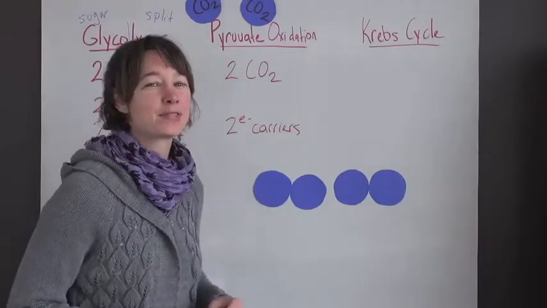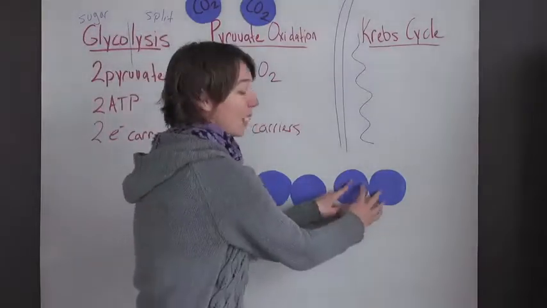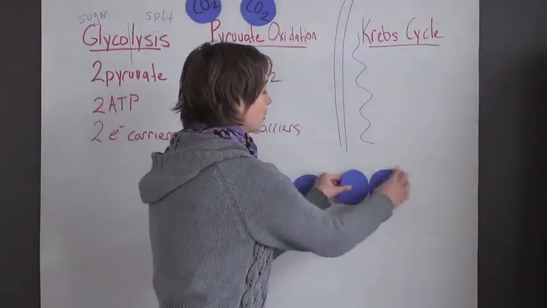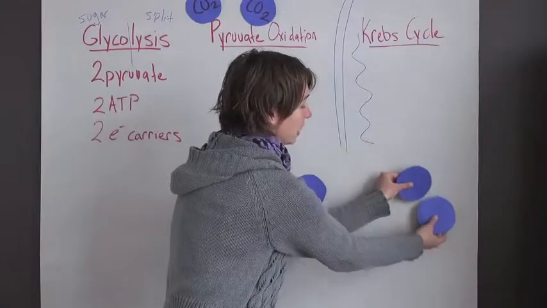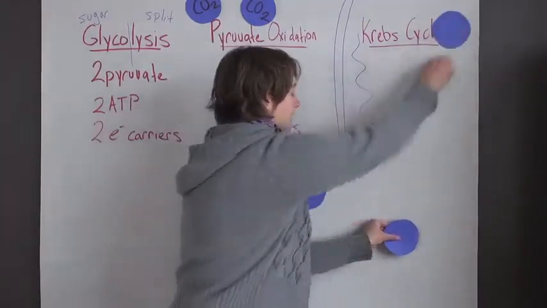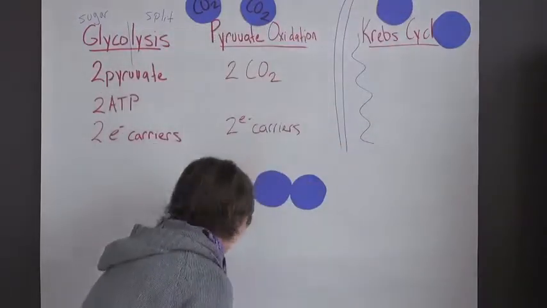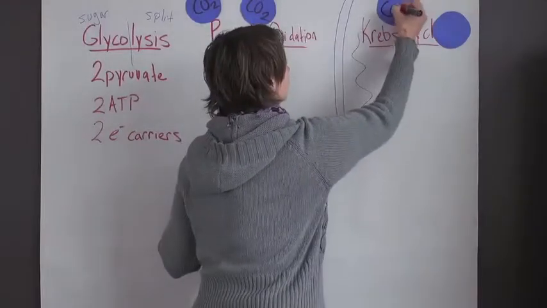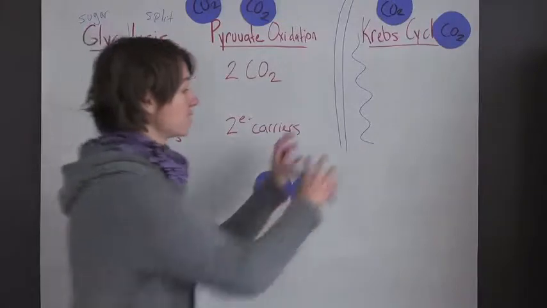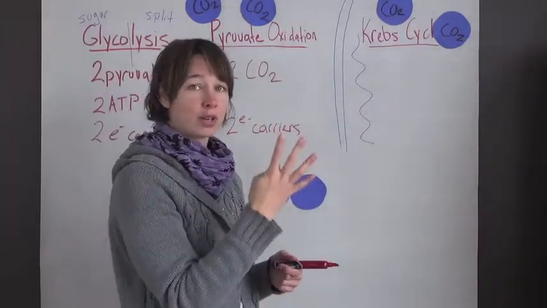The next step of cellular respiration is the Krebs cycle. In the Krebs cycle, acetyl-CoA, 2 carbon molecules, enter a cyclic metabolic pathway. When they go through this pathway, they're changed multiple times, and these carbons are stripped off one at a time to make more carbon dioxide. But in the process, as they go through this cycle, we get 1 ATP and 4 electron carriers.